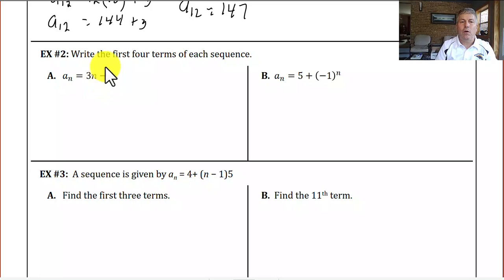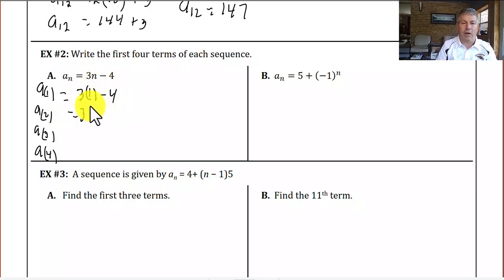In example 2, we want to write the first four terms for each sequence. So what we want to find is a sub 1, a sub 2, a sub 3, and a sub 4. So that will be the first four terms of the sequence. So n is 1, so 3 times 1 minus 4, and 3 times 2 minus 4, and 3 times 3 minus 4, and 3 times 4 minus 4 will represent our first four terms.